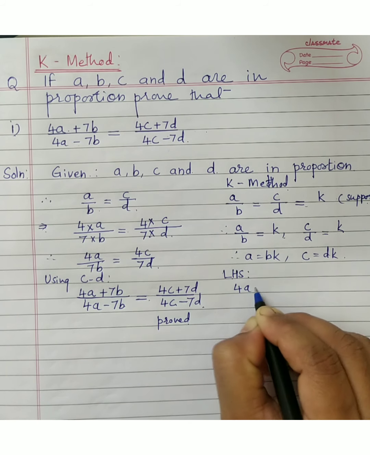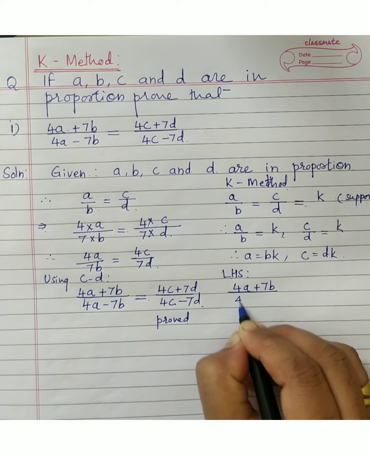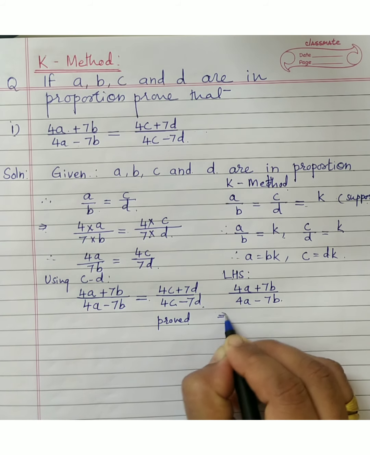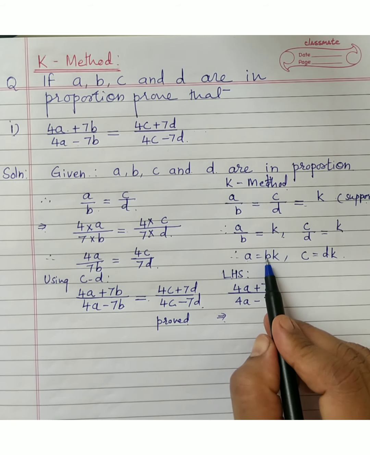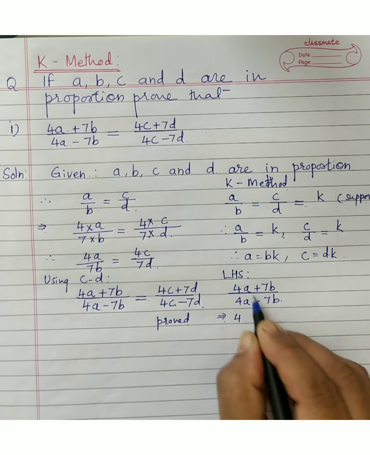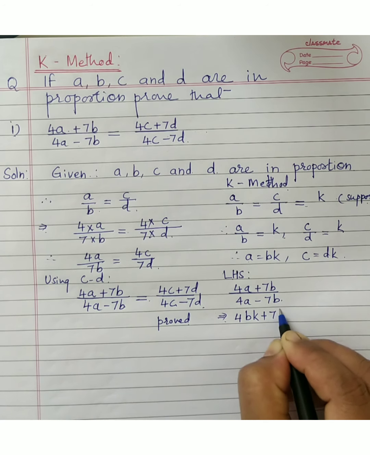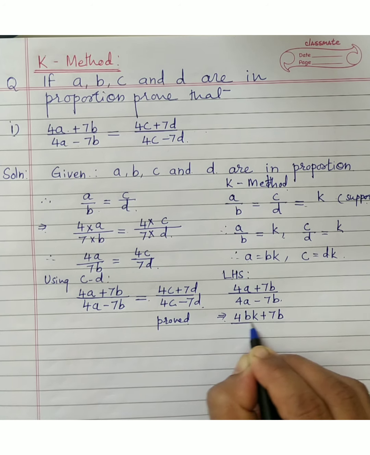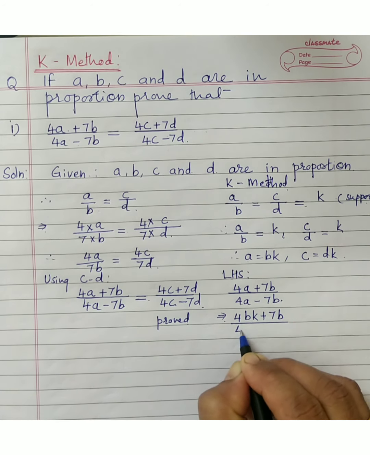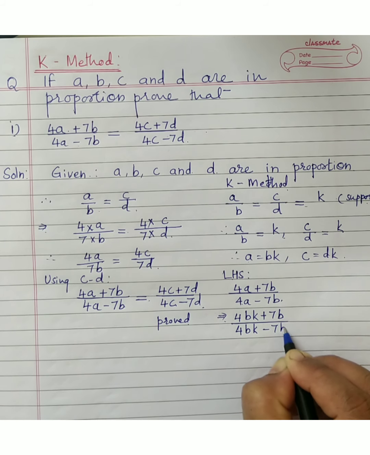4a plus 7b upon 4a minus 7b. And here I am going to put a equal to bk and c equal to dk. So in place of 4a, 4bk plus 7b as it is, and in place of 4a minus 7b, 4bk minus 7b.